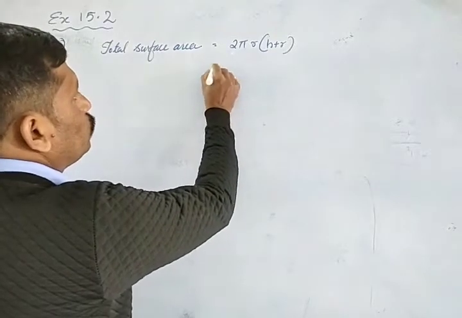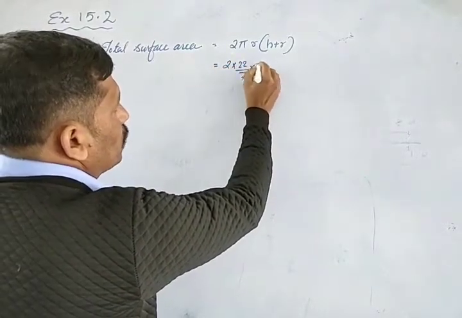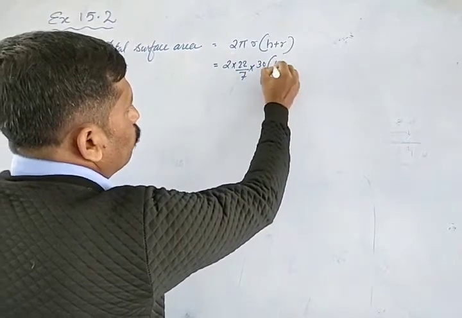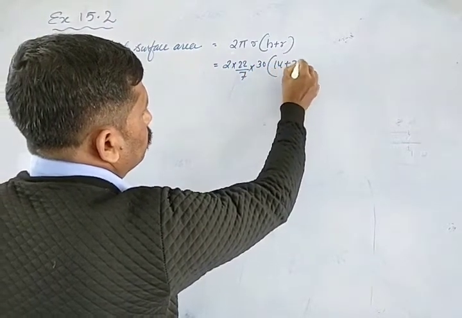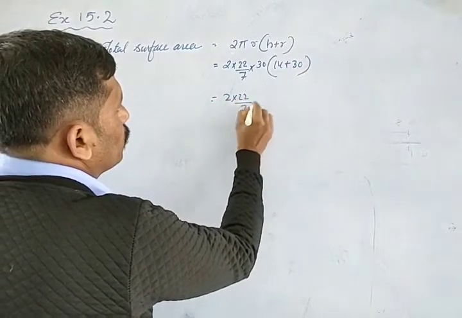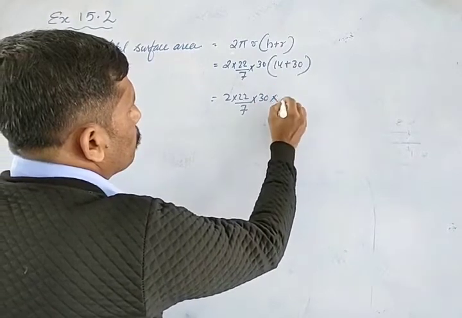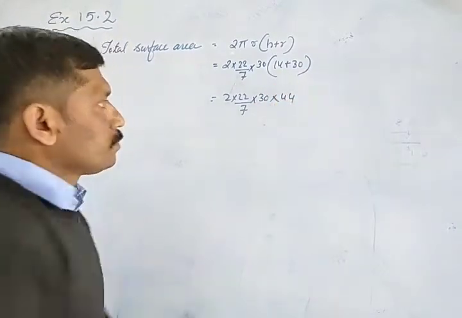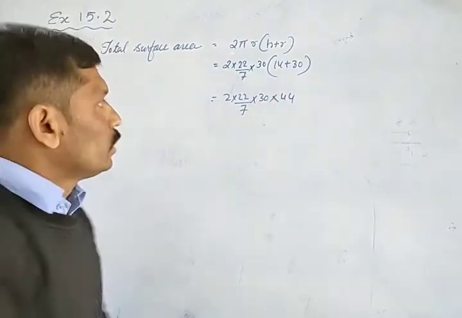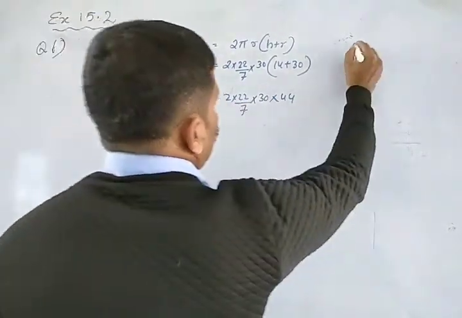Here 2 into 22 by 7 into radius 30 into h 14 plus r 30. That is equal to 2 into 22 upon 7 into 30 into 44.